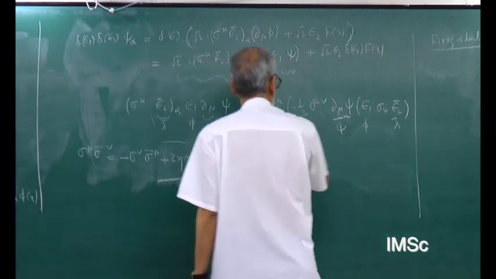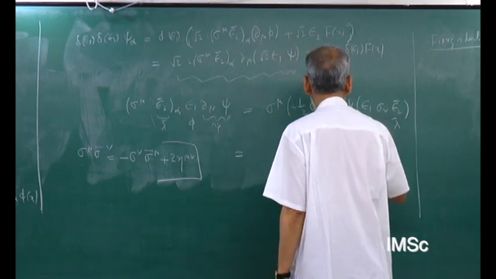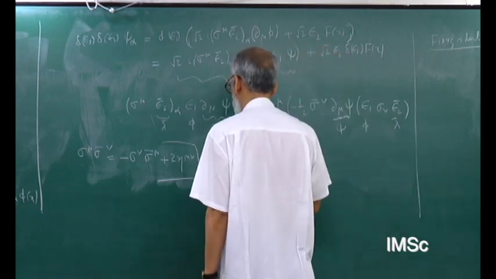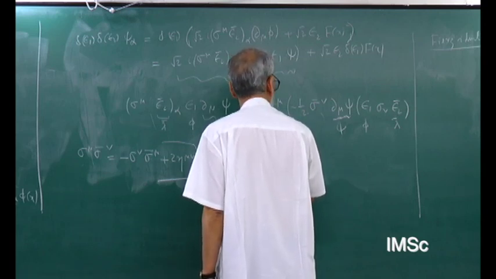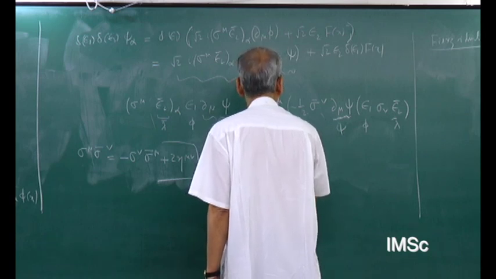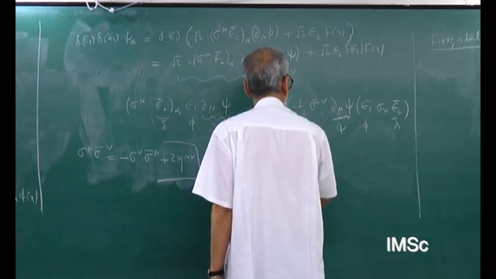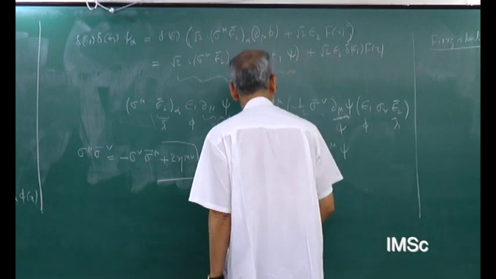So the eta gives you here, this contracts with this, 2 goes away, and there is a minus d mu epsilon 1 sigma nu epsilon 2 bar d mu psi.